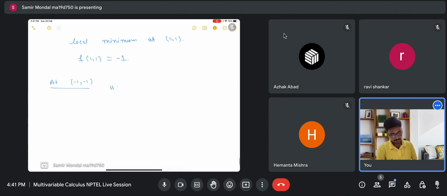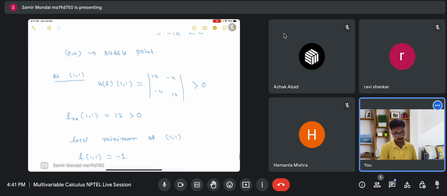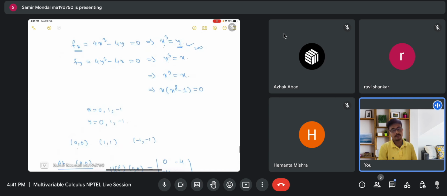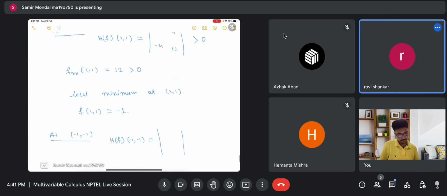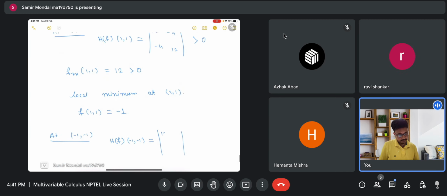Hessian of... what will we get? We will get here 12x squared, which means this is also positive. Sir, it will be the same. Yes, same. We will get 12 minus 4, also positive.